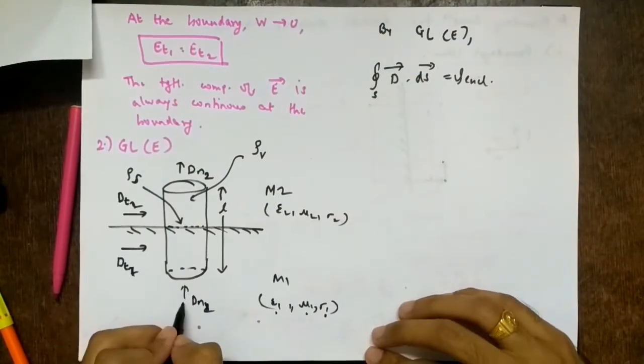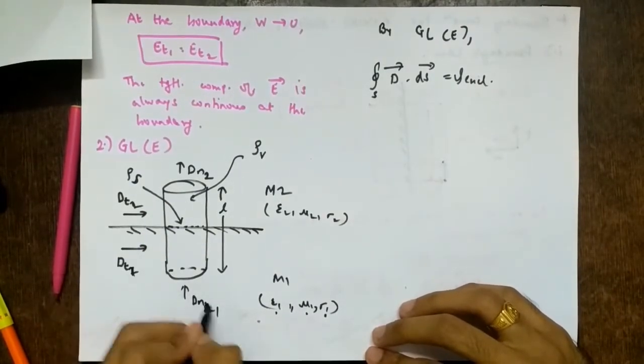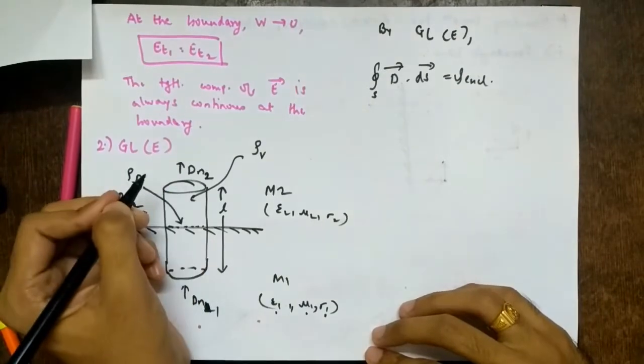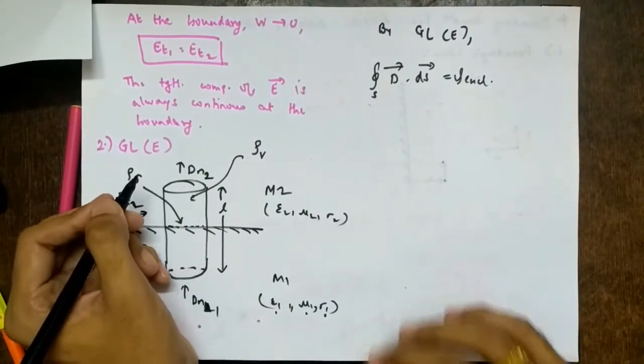Now if you observe, Dn1 is going inside and Dn2 is coming out. So whatever is going inside is coming out from the other medium.